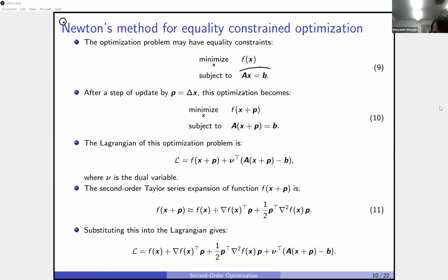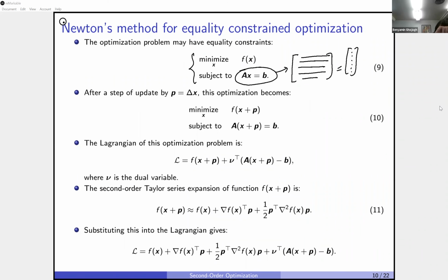This encapsulates all of the equality constraints, because A is a matrix, and each line is an equality constraint. Currently I'm assuming the constraints are all equality constraints. We'll add inequality constraints later.